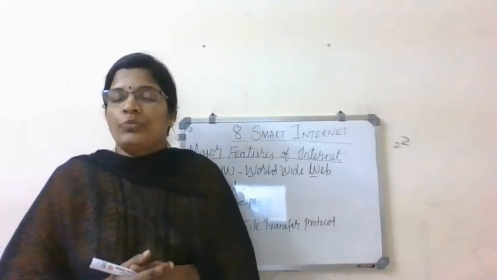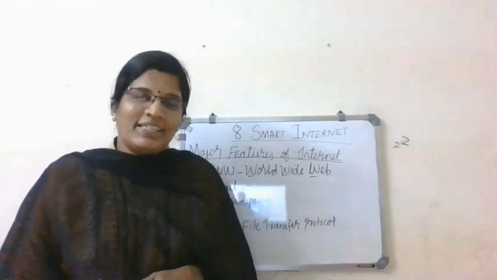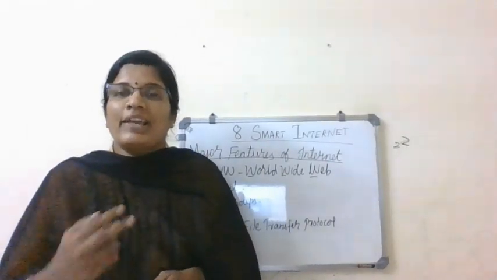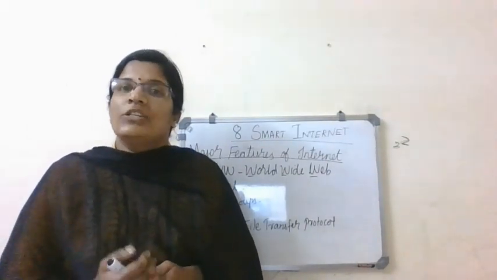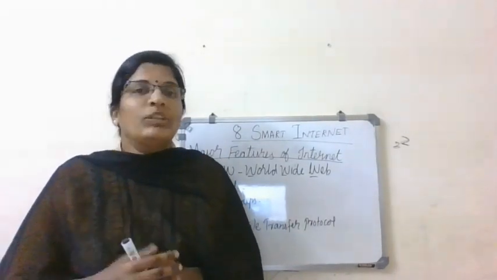Then the last one, it's very familiar to you, instant messaging. What is instant messaging? It's like a face-to-face conversation. So both persons have to be online at the same time. We can chat with one another.